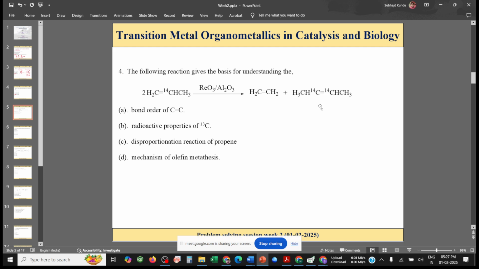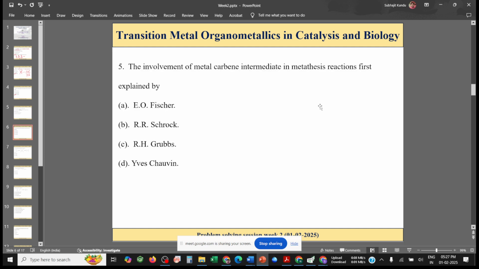So as we are learning the olefin metathesis reaction, in the previous question we have seen the deuterium labeling experiment, where hydrogen is replaced by deuterium to show the deuterium product ratio, and in this one the carbon atom is labeled with carbon-14 to show the product ratio and to prove the mechanism of this reaction.